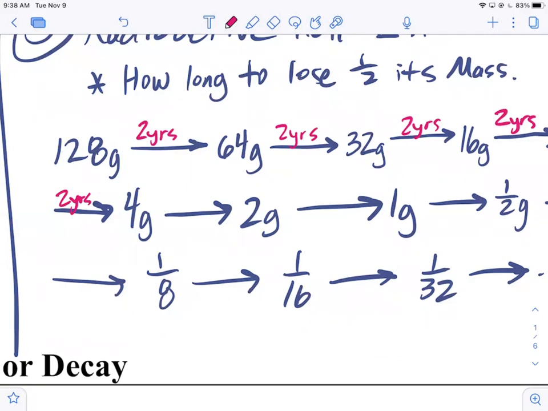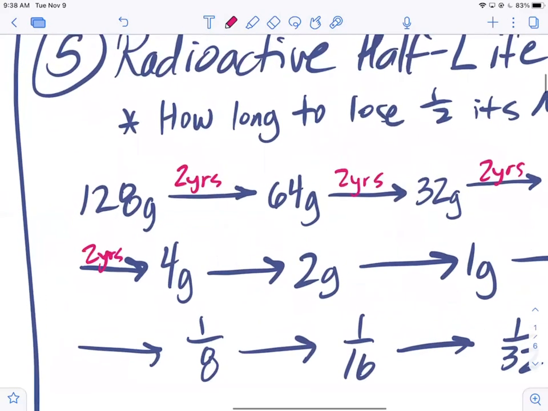So why would this truly be exponential? Because if it loses half of its mass, it's like multiplying by what each time? A half, right? And that would be a constant scale factor. Anything that increases or decreases by a constant scale factor is truly exponential. Oh, and we have to have an initial value, don't we? Yeah, there has to be some initial amount.